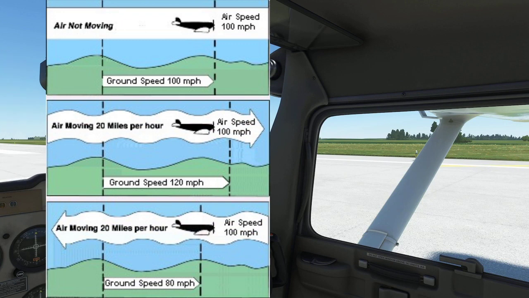Of course, if the wind comes into your aircraft at different angles, not directly in front of you or directly behind you, then it will vary depending on the speed of the wind and at what angle it's striking your aircraft. So we have that to keep in mind when it comes to doing ground maneuvers.